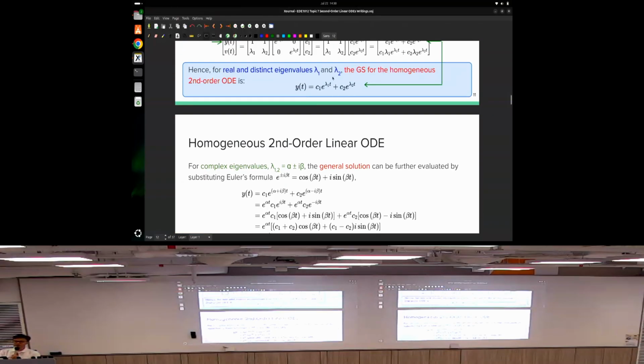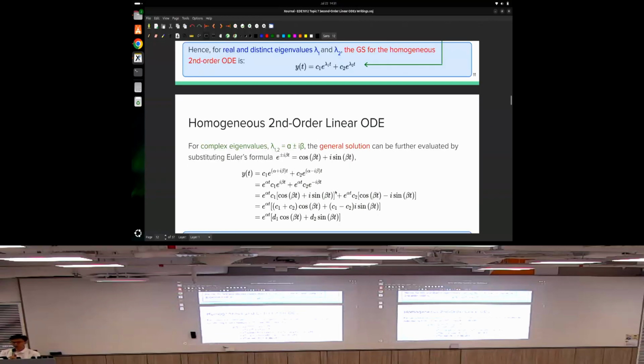However, lambda 1 and lambda 2 are complex expressions, as you can see. So nothing much. We just substitute lambda 1 and lambda 2 as the complex expressions, and then make use of Euler's formula to simplify. This part, I will not go through the simplification in detail.